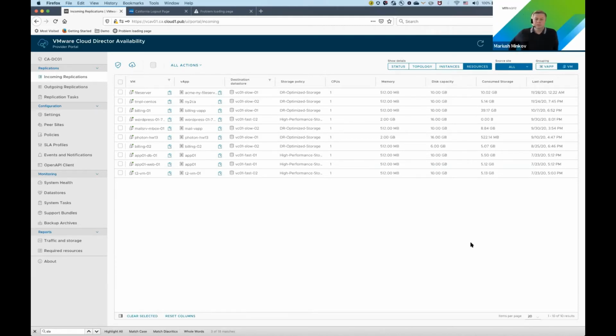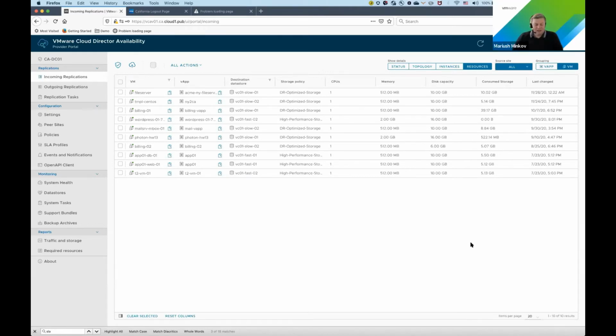So in that case, what service providers need to be aware of is when they're failing over or doing test failovers of customers' VMs, they need to have the disk capacity and the consumed storage available on their target site for that initial failover. So the advice here would be don't fail over hundreds of VMs at the same time. Yeah, definitely.